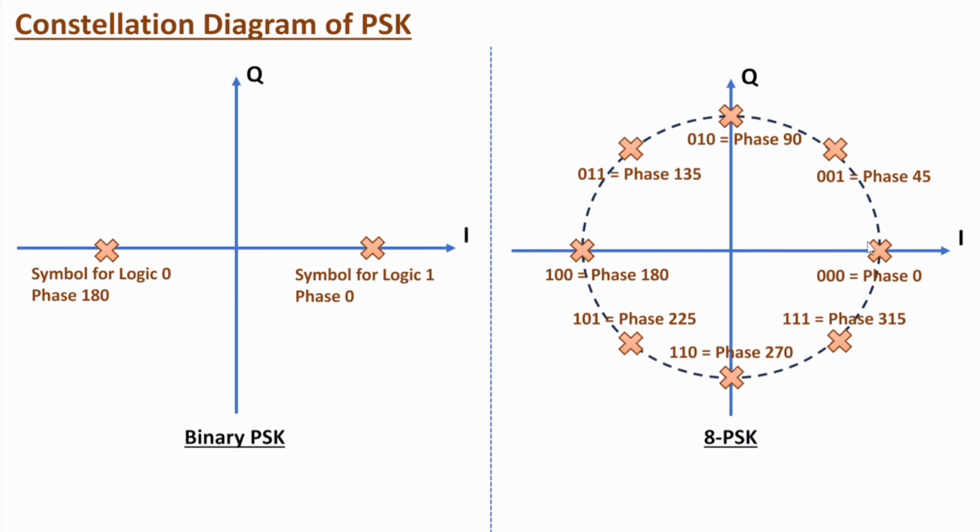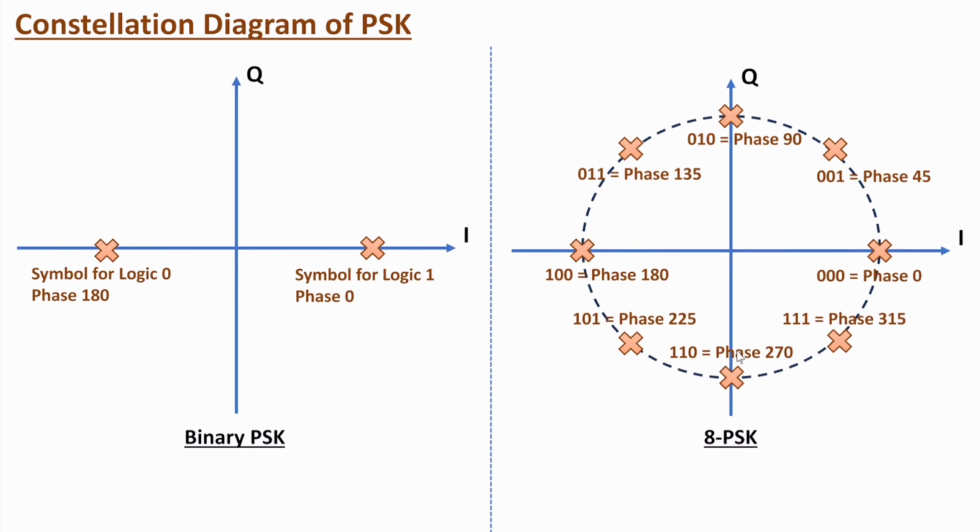So the symbol with phase 0 has the digital value 000. The symbol with phase 45 degrees has digital value 001. Likewise, with different symbols along with different phases, one can have digital values.